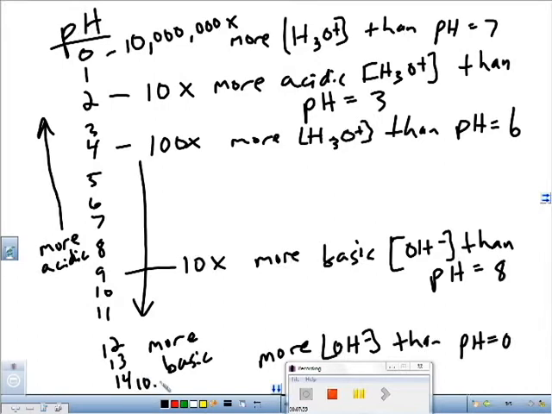That's 100 trillion times more hydroxide than a pH of 0, because it's 14 jumps, power of 10. So every step is 10 times. You make 3 jumps, it'd be 1,000 times. 4 jumps, 10,000 times. Go ahead, Jordan.